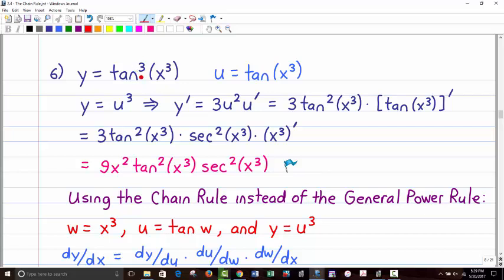We'll worry about the x cubed on the inside in a minute, but start out with it being like this, where u is tan of x cubed, and it's cubed right here. So I'll take the derivative of this first. The derivative of u cubed would be 3u squared times u prime. So basically I have 3 tangent squared of x cubed times the derivative of the tangent of x cubed.